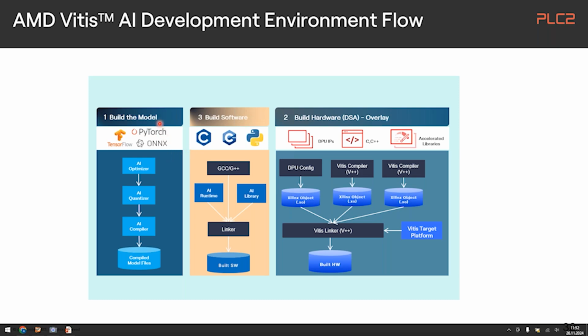You come in from the modeling level, go through the different layers of translating the model into something that the DPU can break down and digest. And you would then have the DPU integrated into the V++ build as well. So it's not really too much of a hassle.